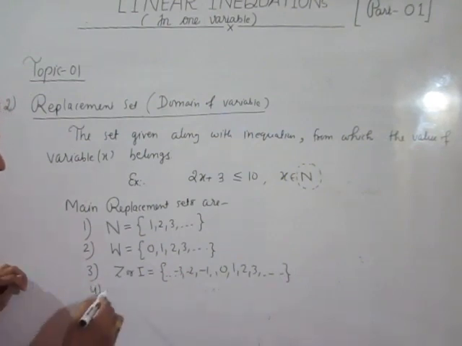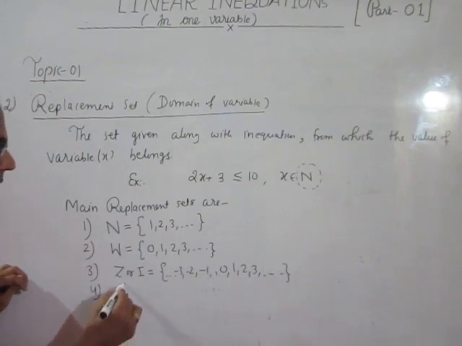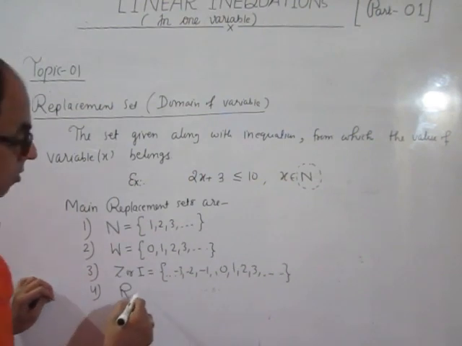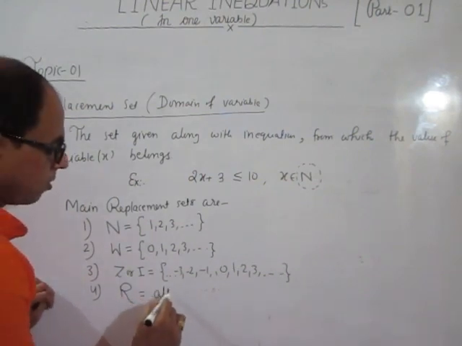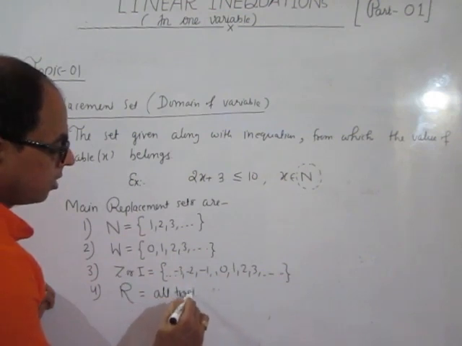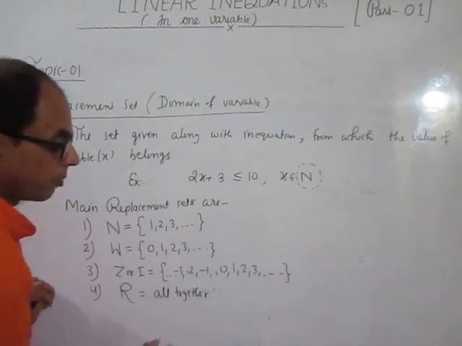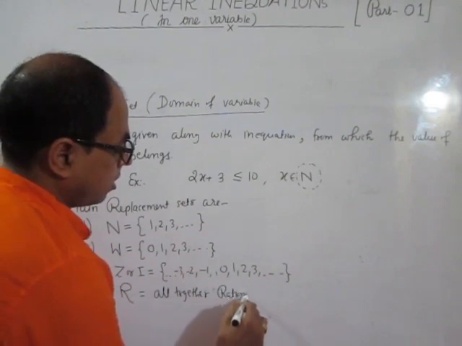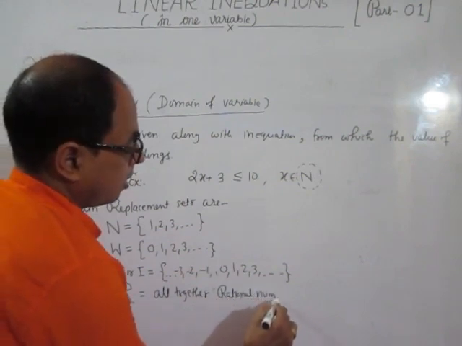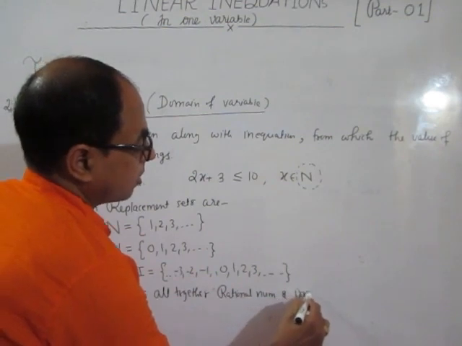And the last replacement set that will be given is the set of real numbers, which is denoted by R. Now what is the set of real numbers? It is altogether rational numbers and irrational numbers.